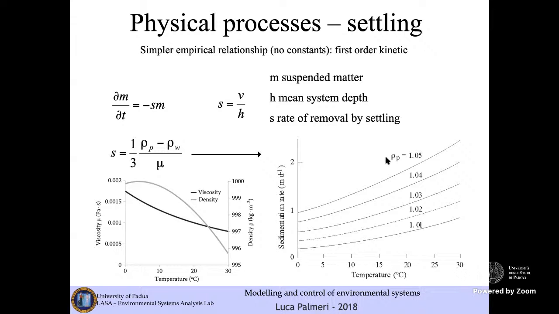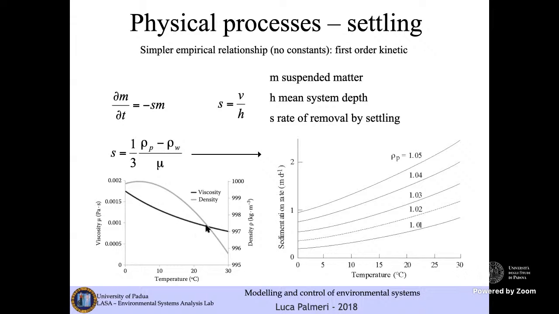Please note that this is a question that I often pose. What is the dependency of the settling rate on temperature? And the right answer is that increasing temperature increases the settling velocity as well. The point of inversion, of course, is this one in which the two curves meet.